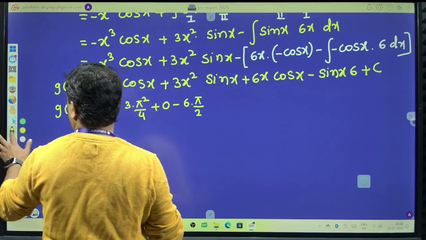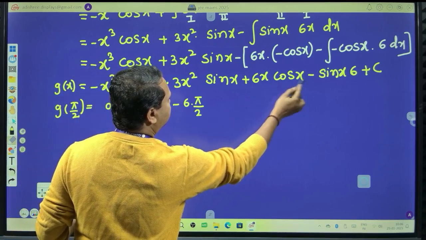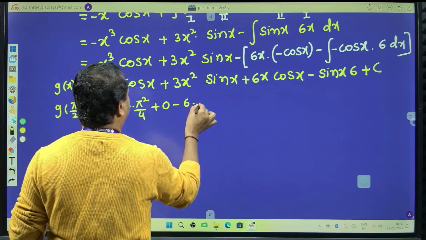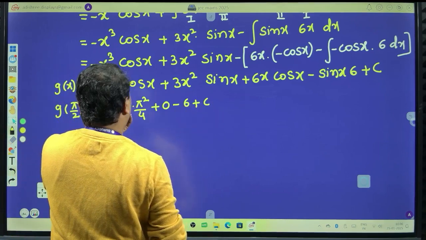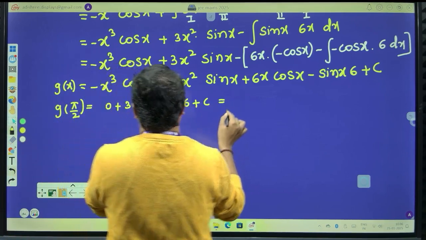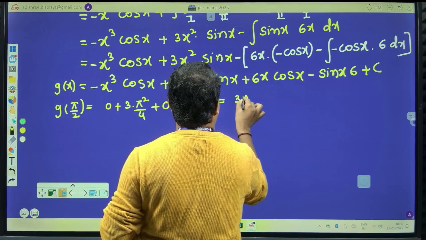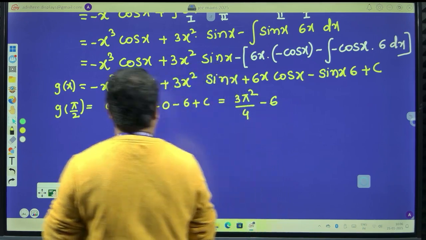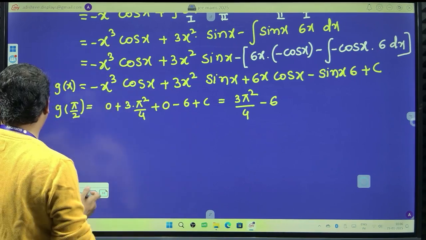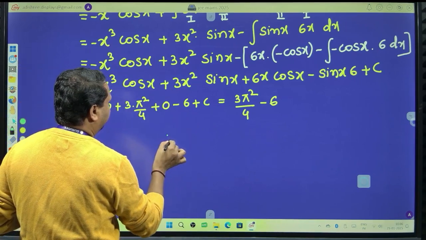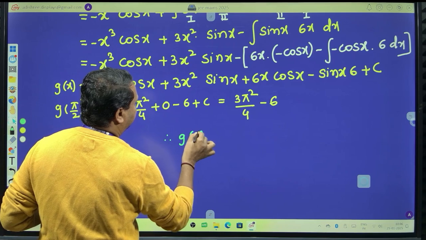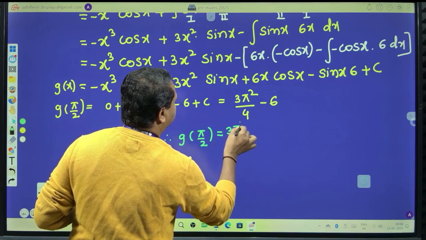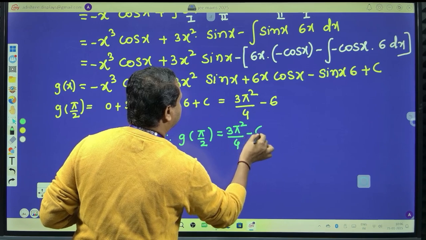No, this is 0, sine 90, only 6 it is, plus c. Okay, so what is g of pi by 2? 3 pi square by 4 minus 6. Done, right? So, please note this particular step. Therefore, g of pi by 2 is equal to 3 pi square by 4 minus 6.